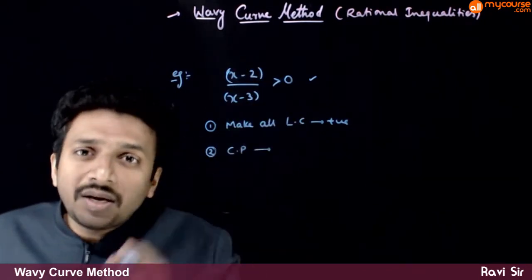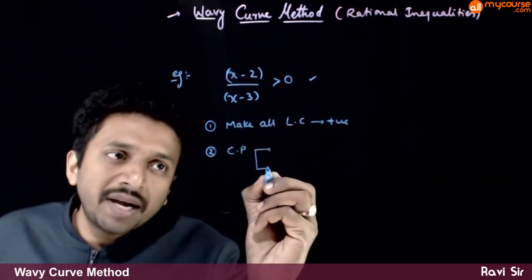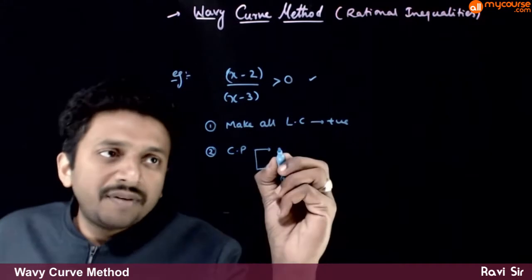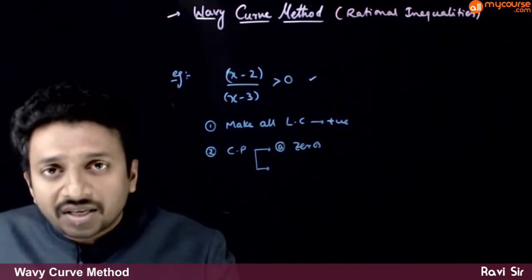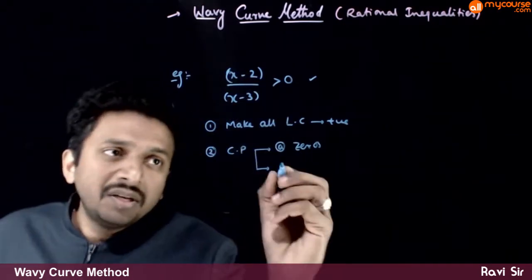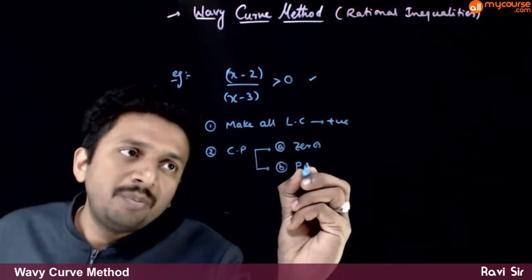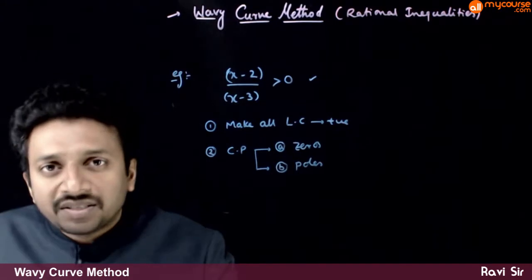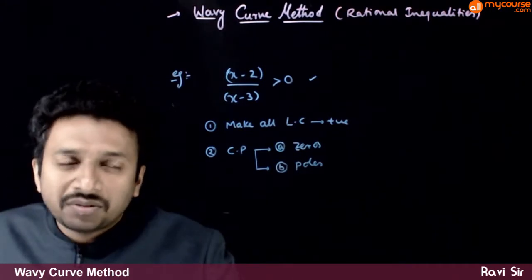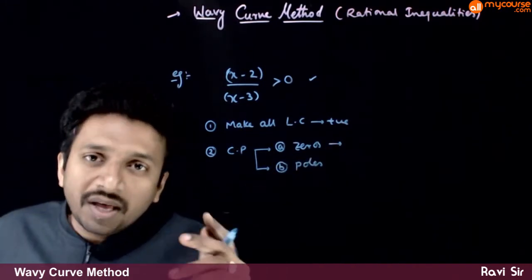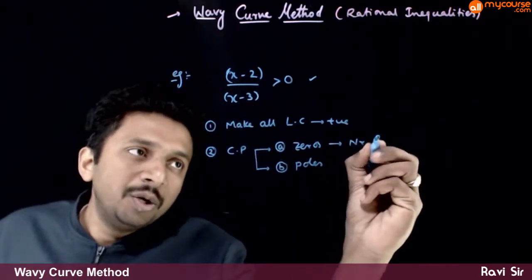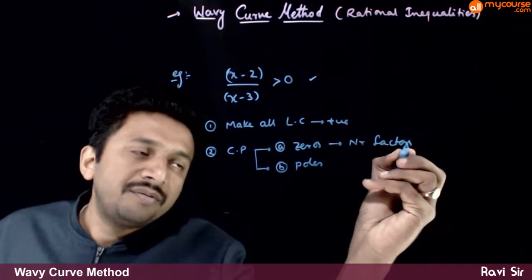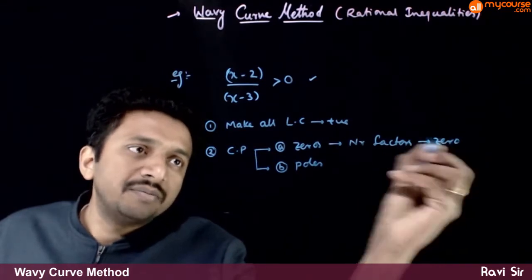In rational inequalities, critical points are divided into two categories. The first are zeros of this rational expression, and the second are poles. Zeros are the points where the numerator factors become 0.